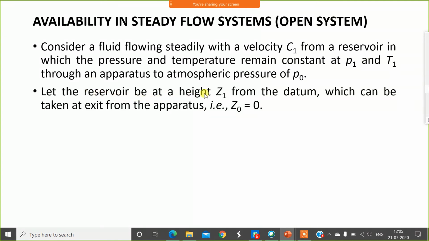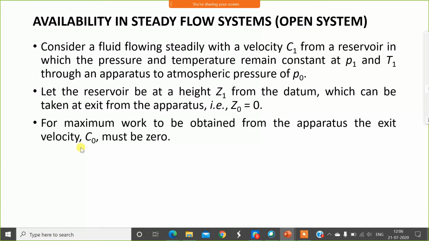Let the reservoir be at height Z1, meaning heat is supplied from height Z1 and heat is rejected at Z0, and Z0 is at height 0. For maximum work to be obtained from the apparatus, the exit velocity C0 must be 0.